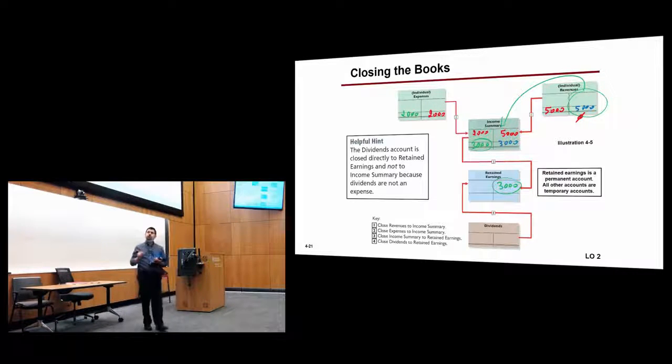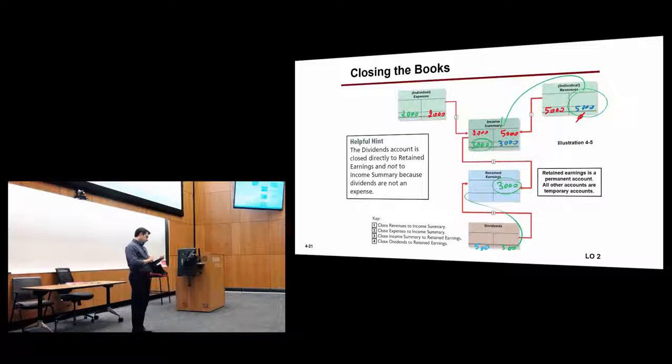Okay? In this case also, like for example, dividends. Let's say that we had a balance of dividends for $500. So the balance was 500. How do you make it 0? You credited 500. We credited an account 500, so you need to debit another account 500.